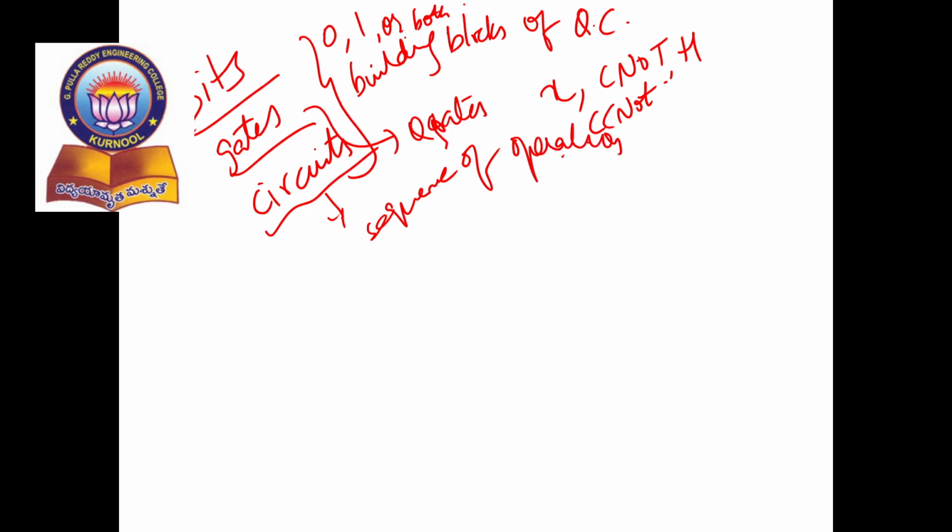So qubits are the quantum bits which are 0, 1 or both, and the quantum gates are the Pauli X gate, Z gate, Hadamard gate, C naught gate, and also the CC naught gate. Circuits are the sequence of operations included by using the quantum gates and also the measurements, with which we can build a quantum circuit.